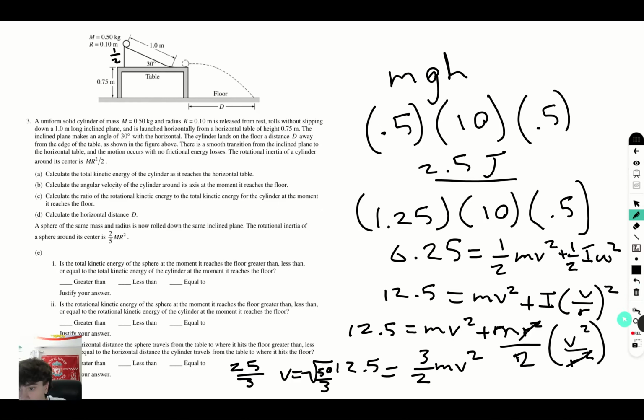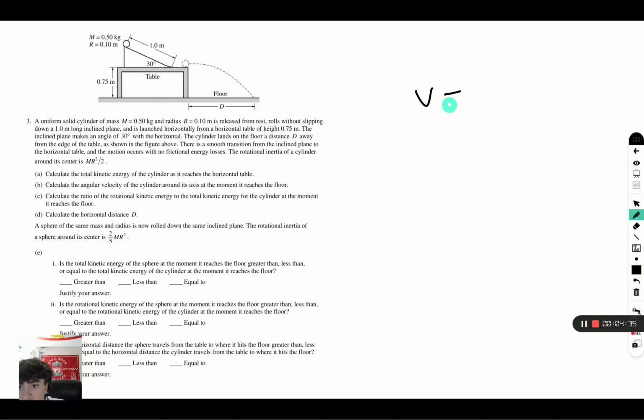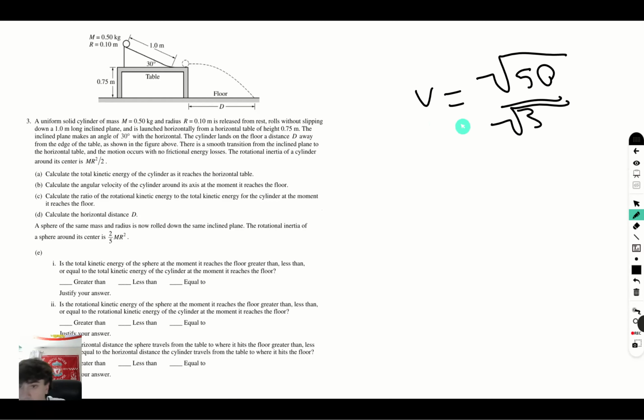So now that we got that, I'm going to erase everything we have so far. V is the square root of 50/3. And we know that v is also equal to r omega. So this divided by r will give you omega. The radius is 0.1, so we'll get this times 10.